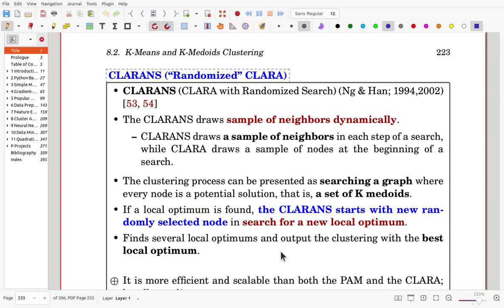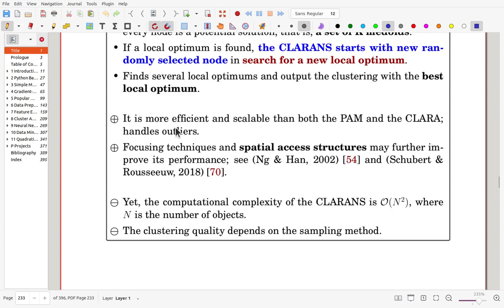So CLARANS draws a sample of neighbors in each step of a search to find a new local optimum, dynamically, so the method will find several local minima and output the clustering with the best local minimum. It is more efficient and scalable than PAM and CLARA, and also can handle outliers.